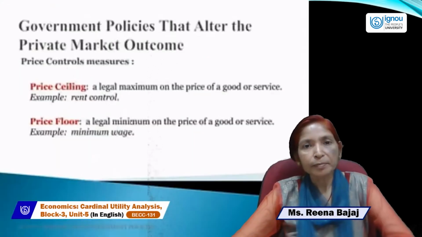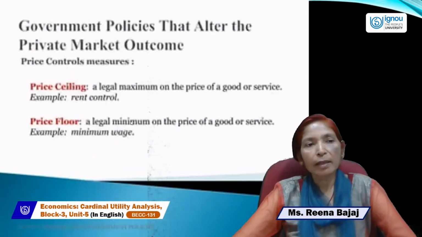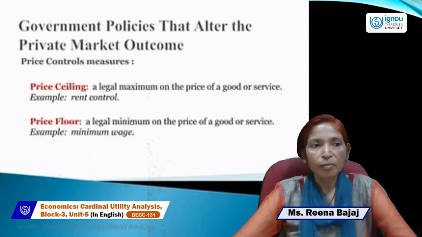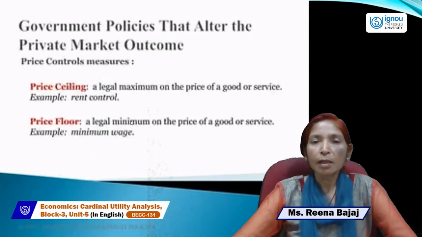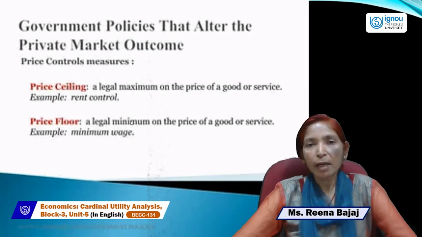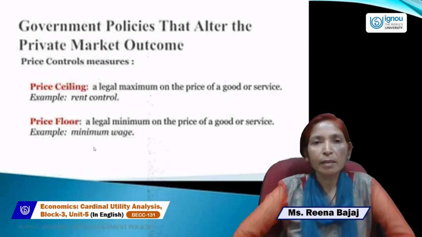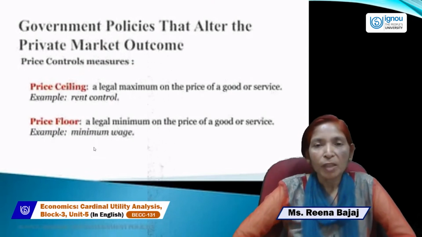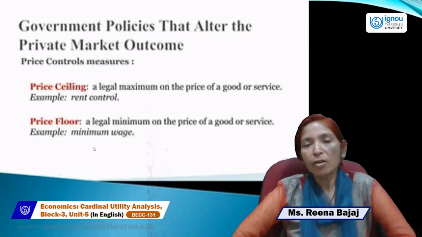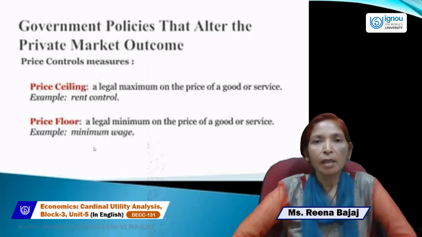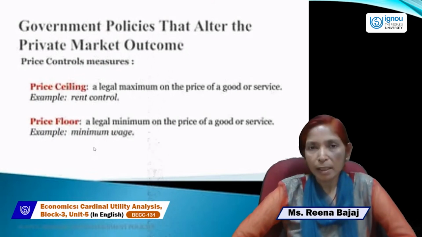Now next is government policies that alter the private market outcome. Government can control this equilibrium price, and government can bound the price level. Government can set a price ceiling, or government can establish a price floor. Price ceiling and price floor are two important concepts created by the government by interfering in the market.